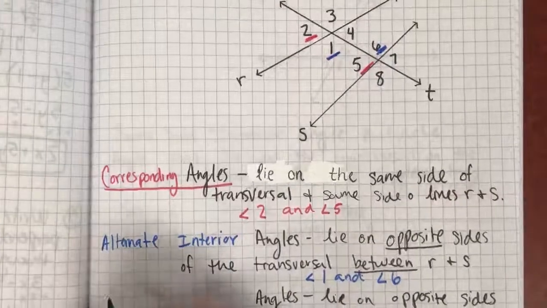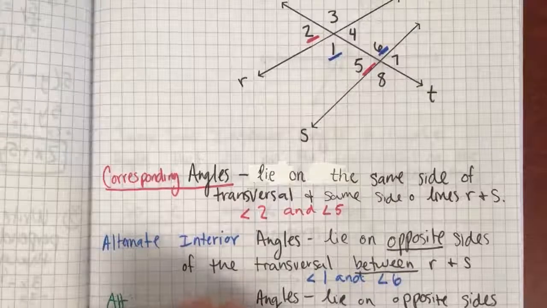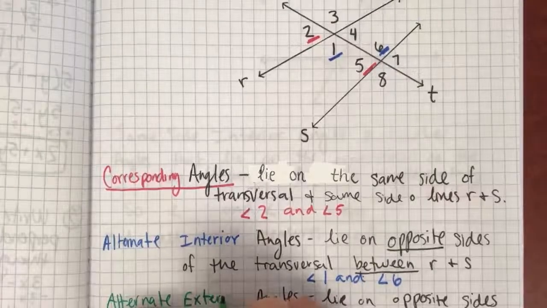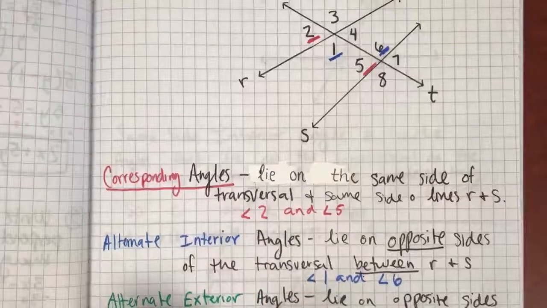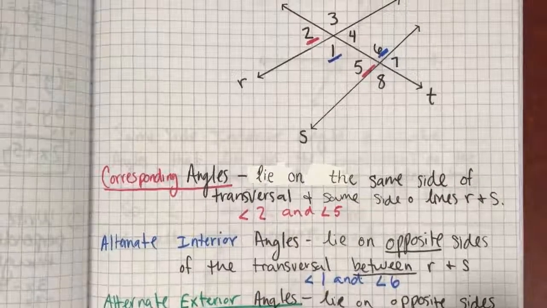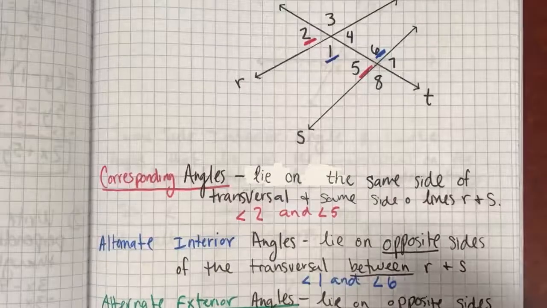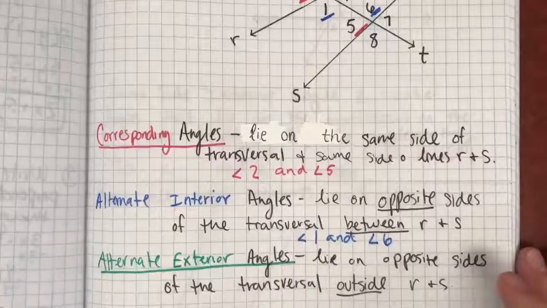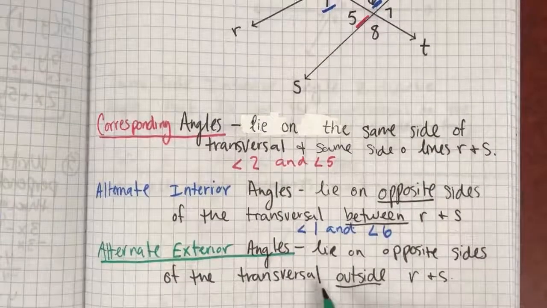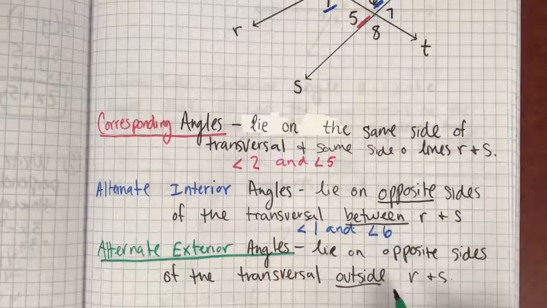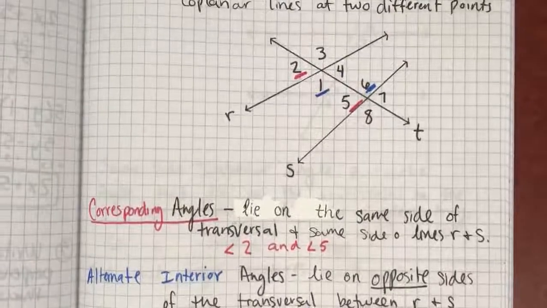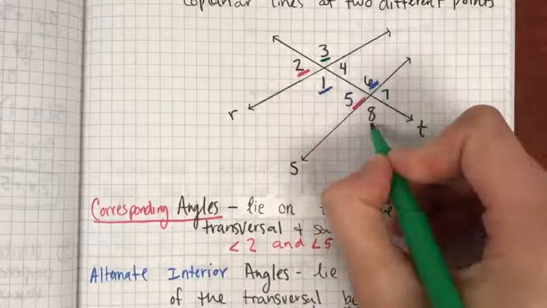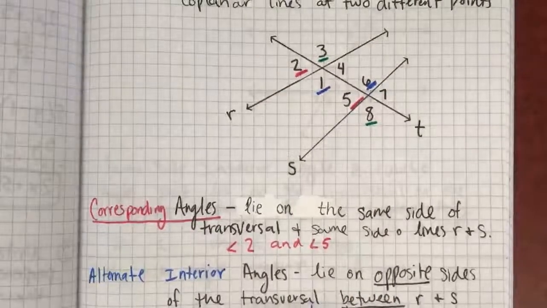Okay, the next one would be alternate exterior. Those lie on opposite sides of the transversal, outside of R and S. So for that, we could have, let's go ahead and say 3 and 8.